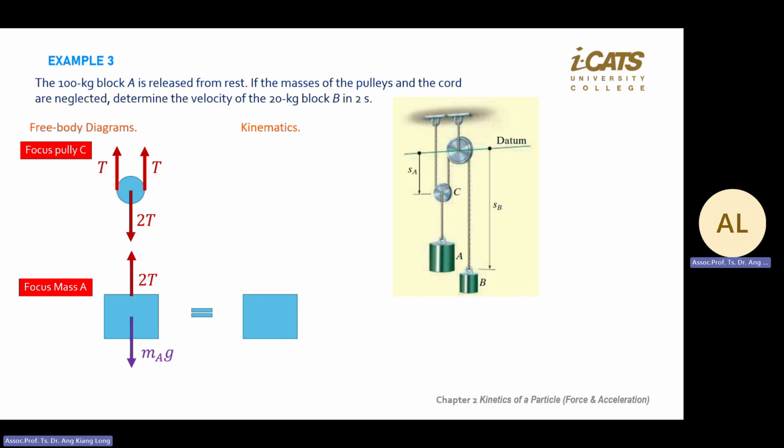Okay, you imagine yourself as a pulley. What do you feel? You feel something pulling you down, right? So the arrow is going down. Yes, there's a rope there. Okay, but still we focus on the mass. Kinematic diagram, A will go down. We follow the motion, the direction will follow the motion.